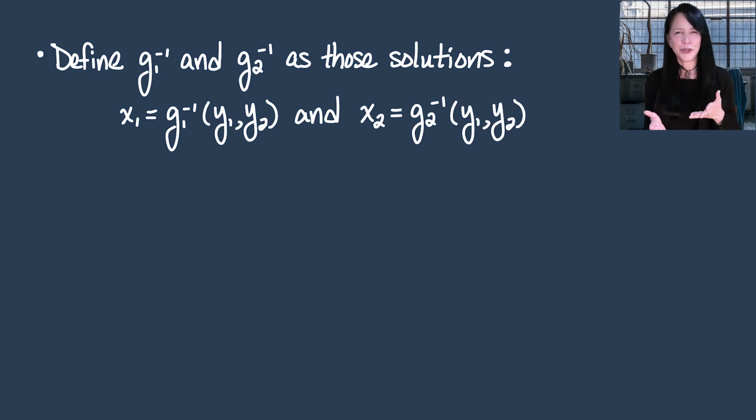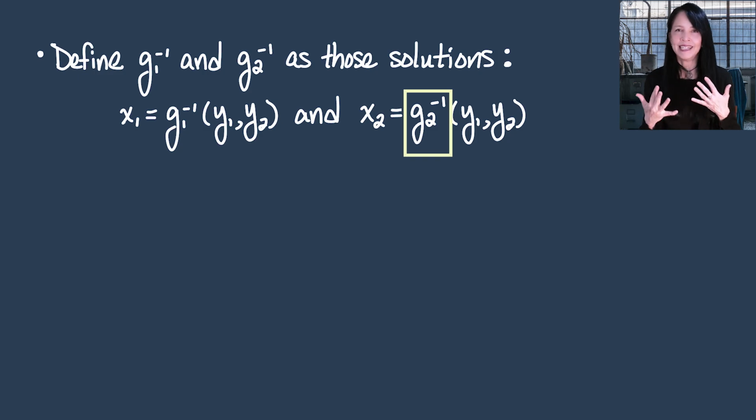An important thing to note here is that g1 inverse is not the inverse of g1, and g2 inverse is not the inverse of g2. These equations must be inverted simultaneously, as you'll see when we do it when proving the Box-Muller approach. So this is not an inverse of just G1 alone and not for G2 alone.